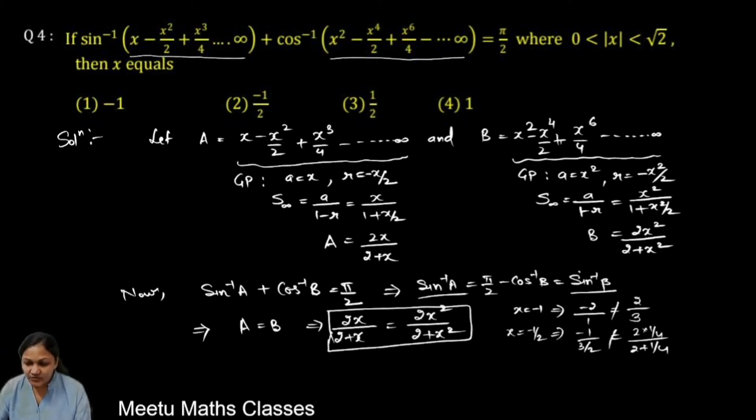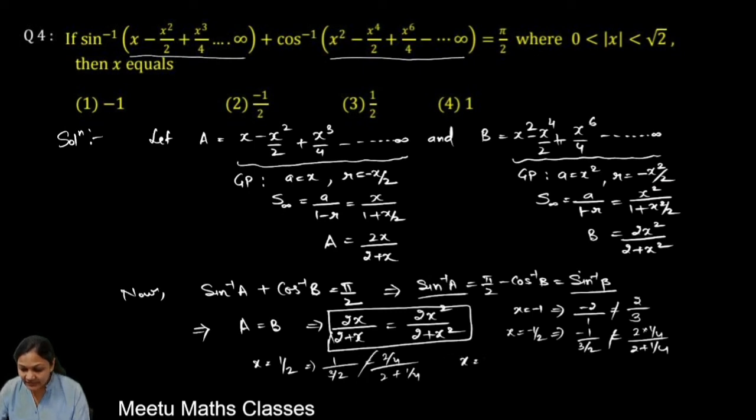Similarly, when x is equal to plus half, it won't satisfy. 2x will become 1, and 2 plus half is 3 by 2, and on the right side 2 into 1 by 4 upon 2 plus 1 by 4. This will also not be equal.